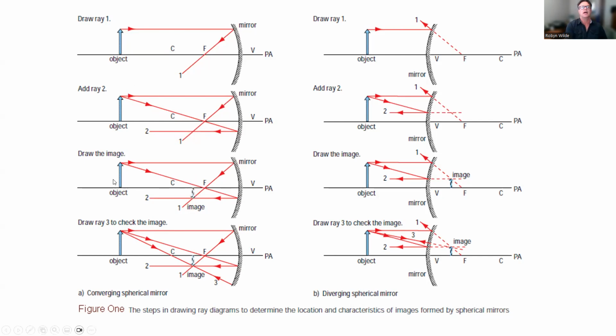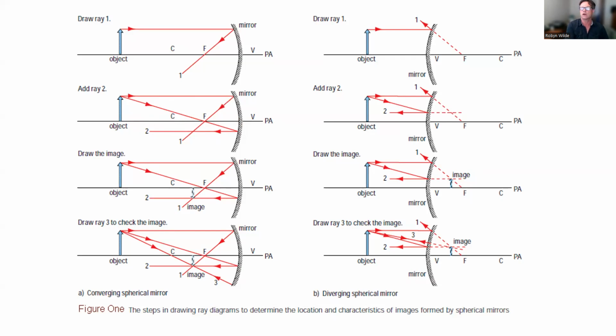Now the foot of the image has to be along the central axis, right? Because any ray coming from the foot is going to hit the flat part of the center of the mirror and just reflect straight back. So we can see that our image is just upside down. So I say it's an inverted image. Now this particular image is a real image because the light is actually passing through the image.